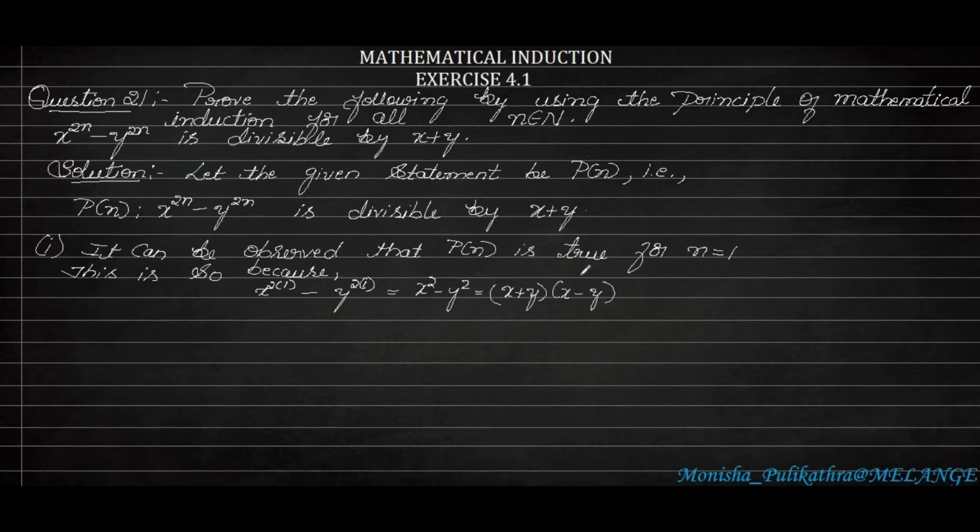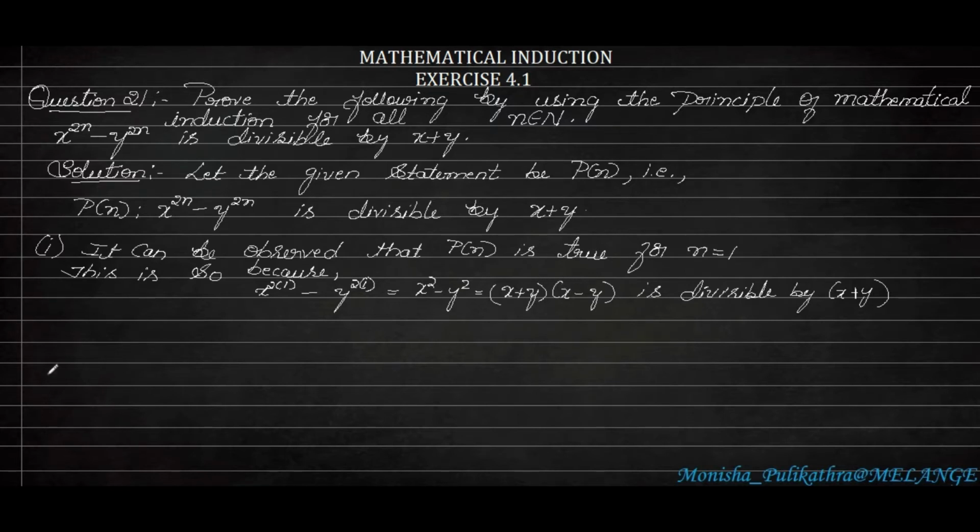Since the product has the factor x plus y, this is divisible by x plus y, as given in the question. So this is the first step, that is, we substitute 1 in the place of n, and this shows that it is divisible by x plus y.